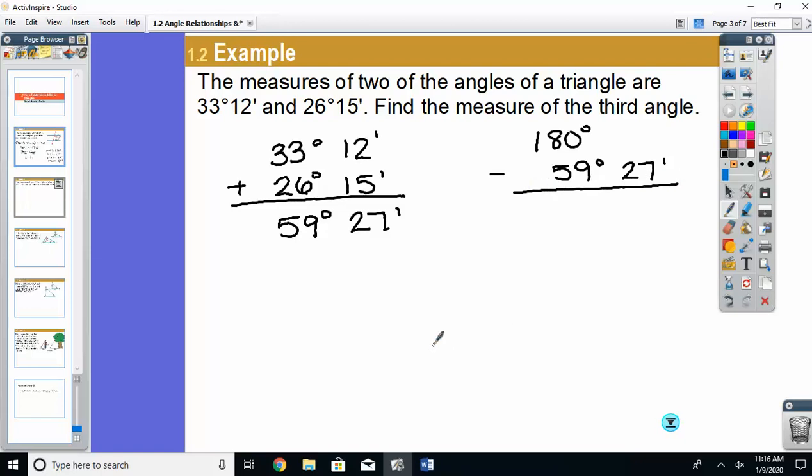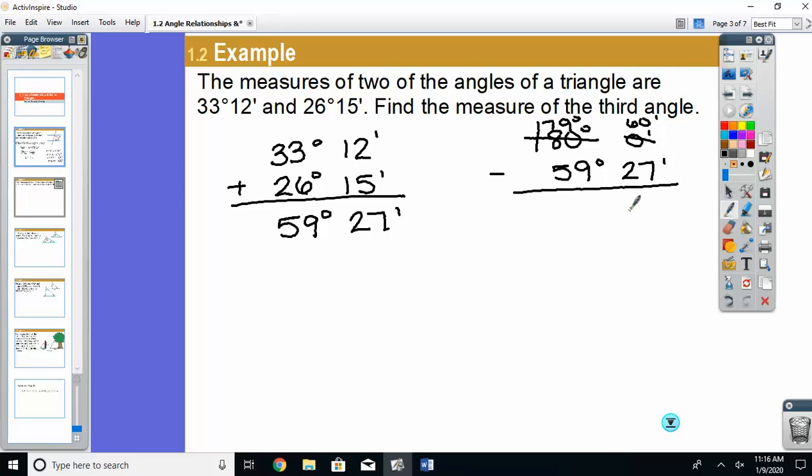How do we subtract those? We make this say 0 minutes and borrow. So that's 179 degrees. How many minutes carry over? 60.